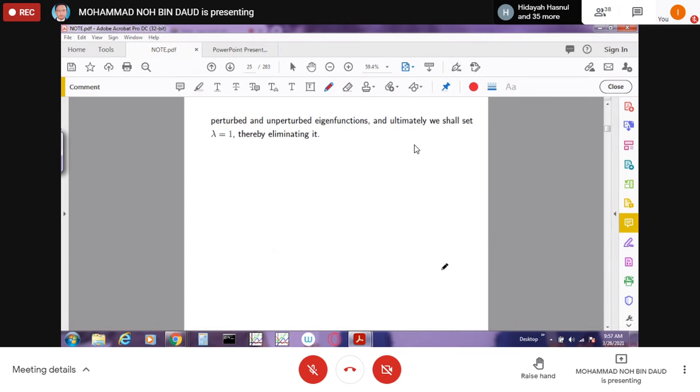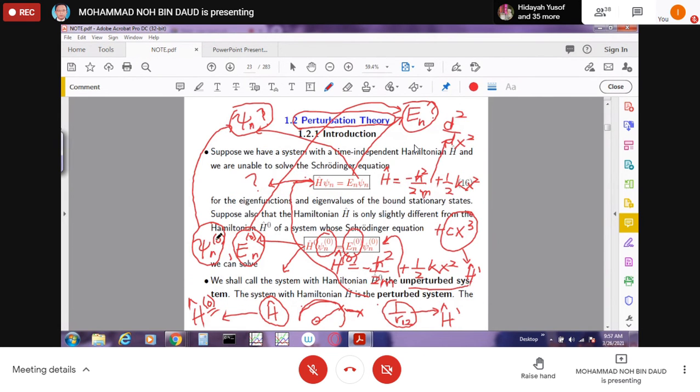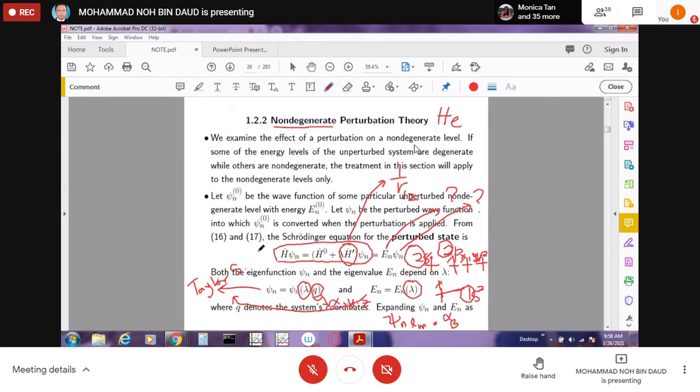Okay, this one. So we must know this in order to solve this one. And we already know this function and this energy from the solution of the exact Schrödinger equation.